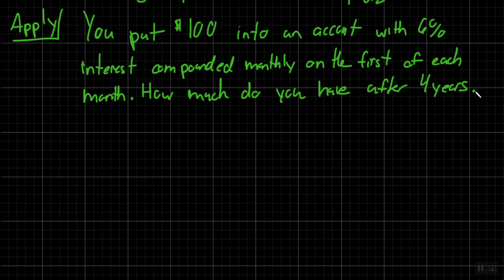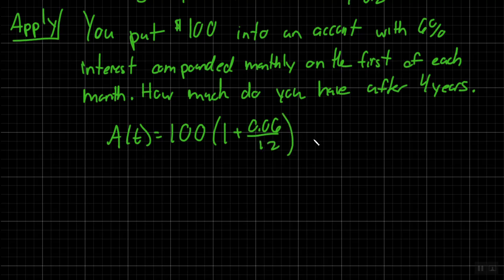Does anyone remember how we first start these equations? What's our principal? Yeah, the rate written as a decimal. How many months in a year? 12.